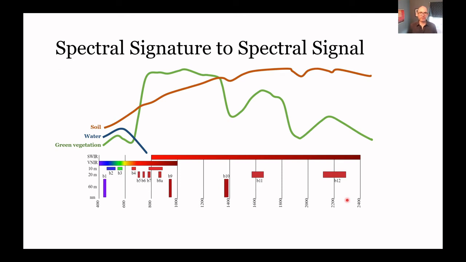So let's combine this idea of bands to create a better view of what a band might actually be. And to do this, we'll also bring in something called the spectral signature. So we looked at the spectral signature before. What does the object on the ground actually do to the light? It reflects it back at different levels.